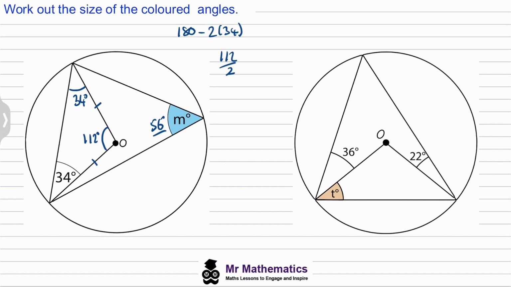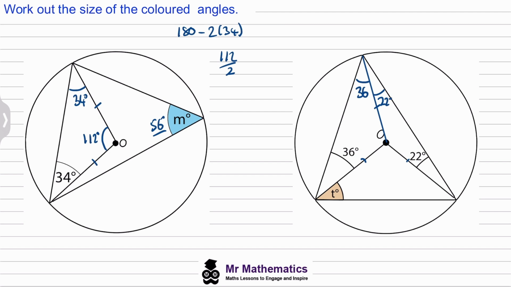So to work out angle T, we need to draw in another radius from the center to this point on the circumference. Because now we've got 2 isosceles triangles. We know it's isosceles because they're all the same length, they're all the radius. So this angle will be 36 degrees, and this one will be 22 degrees.